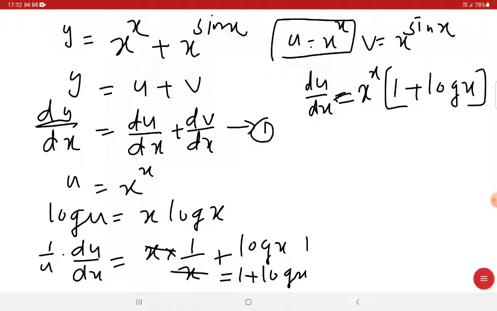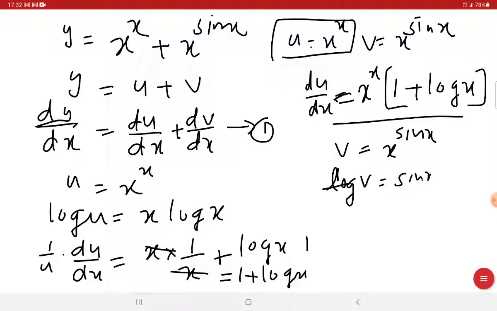Now we have to find dv by dx. So v equal to x raised to sin x, logarithm on both sides. So log v is equal to sin x log x. Now differentiate with respect to x. So 1 by v into dv by dx. Apply product rule.